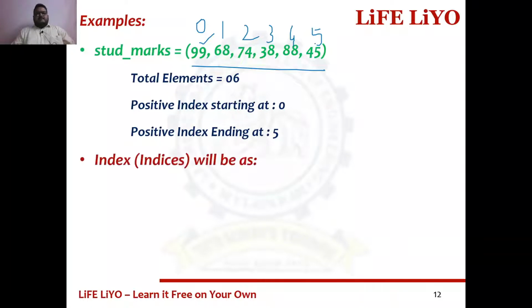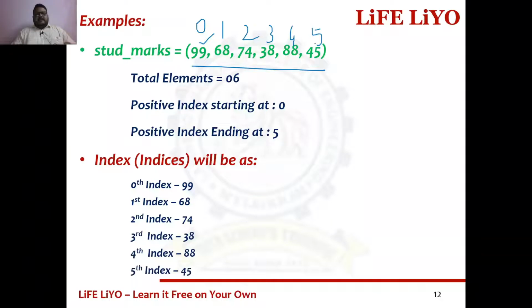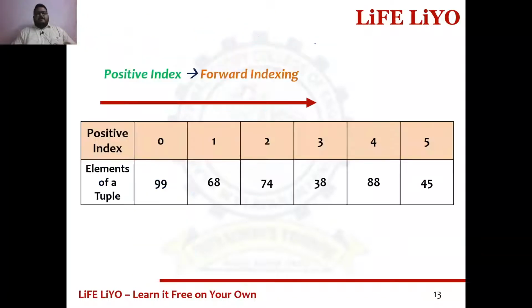Now the indices of the respective elements: 0th index 99, first index 68, second index 74, third 38, fourth 88, fifth 45. This is the way forward indexing is done. From the starting element, which is the 0th index, to the ending element, which is length minus 1.